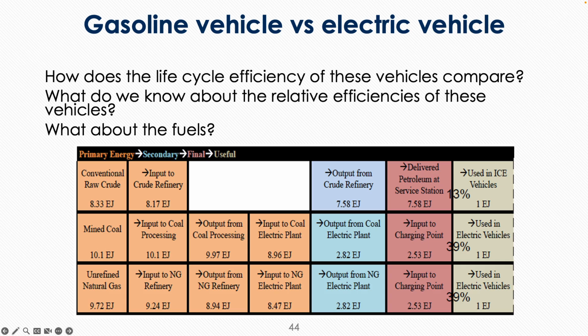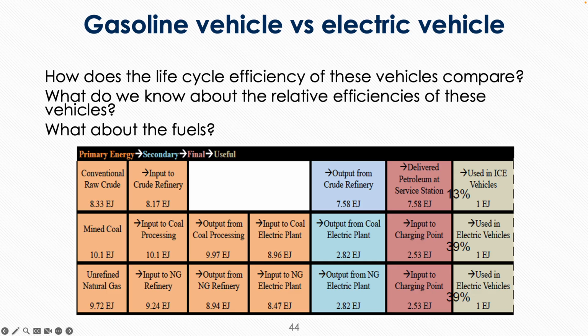So with a gas car, you take some kind of fuel, we start with crude oil, we turn it into gasoline, the gasoline gets combusted in the engine, and then that gets converted into motion to provide the service, right? And the combustion of the fuel is where you lose the most energy, right?